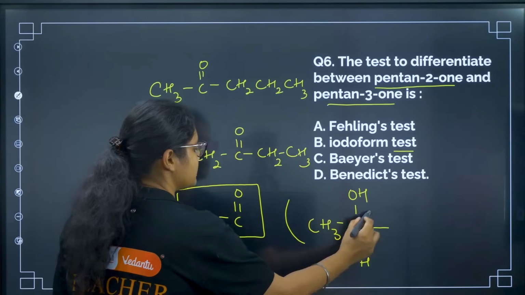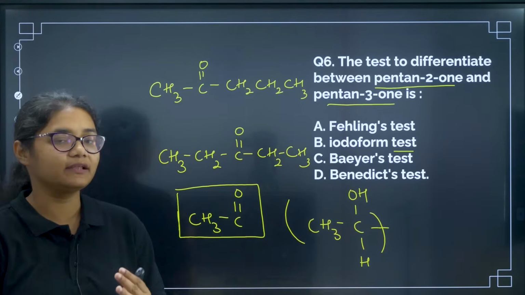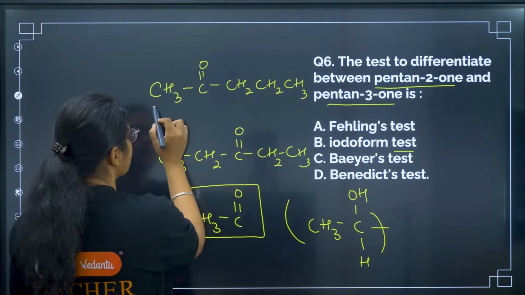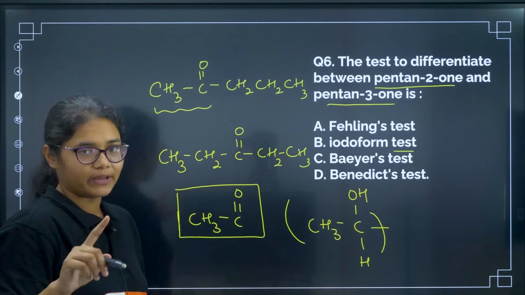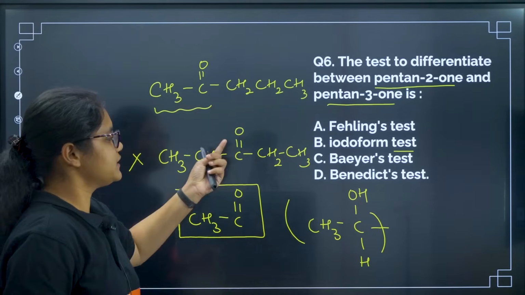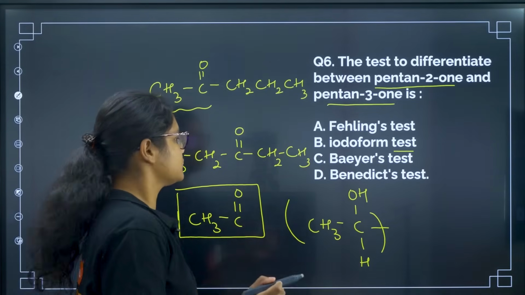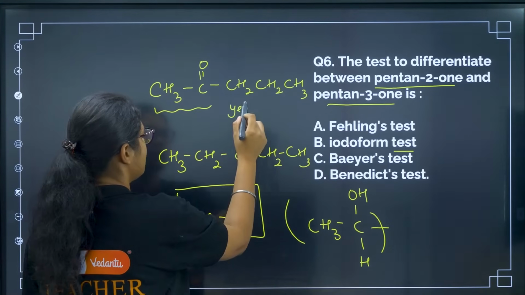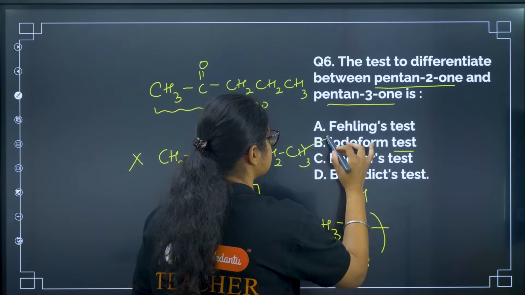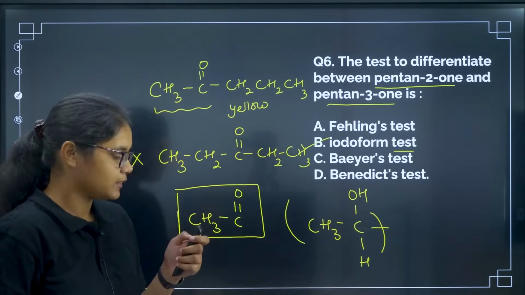If these two groups are present in any compound, they will give you the iodoform reaction. Now you can see this CH3CO group is present in pentan-2-one, but in pentan-3-one it is not present, right? So we can differentiate them based on the iodoform test. So this one will give you a yellow precipitate, whereas this one will not react. So the correct answer for this question will be option number B.